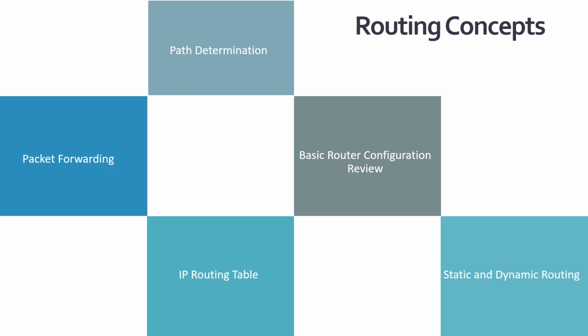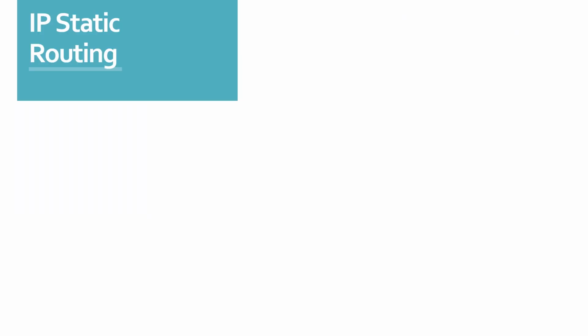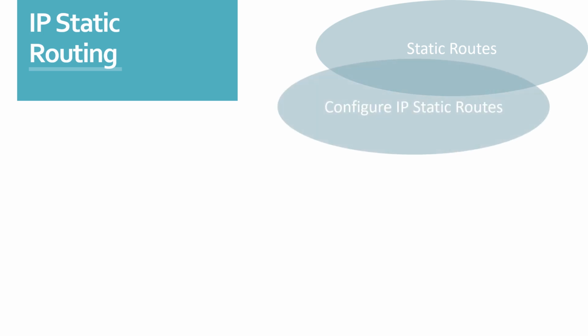After we are done with this information, we will configure IPv4 and IPv6 static routes. Here, we will describe the common syntax for a static route. We will configure IPv4 and IPv6 static routes.